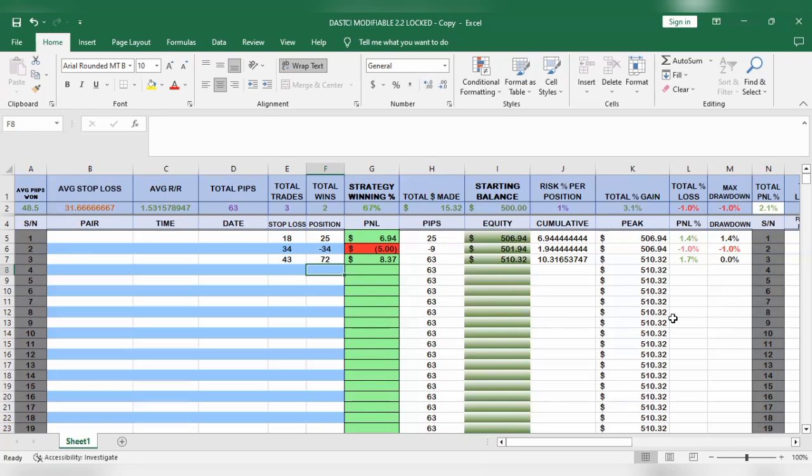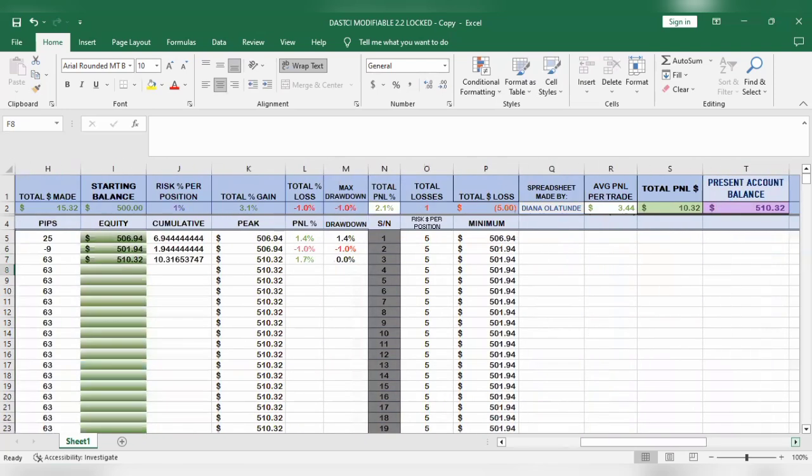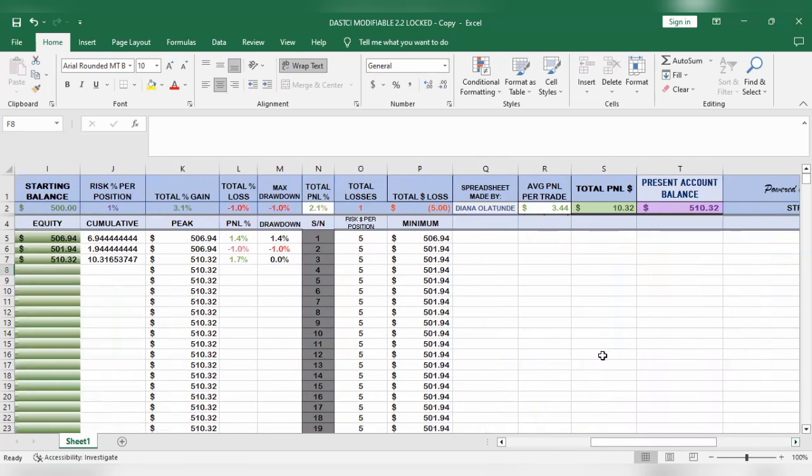Now, if you look up here, you can see that you've made a total of $15, but it is not showing in the balance of your equity because this is how much you've made so far, but you lost $5 here. So that is why your equity is just showing $510. Now, where you get to see your total losses is going to be over here, which means you lost $5.